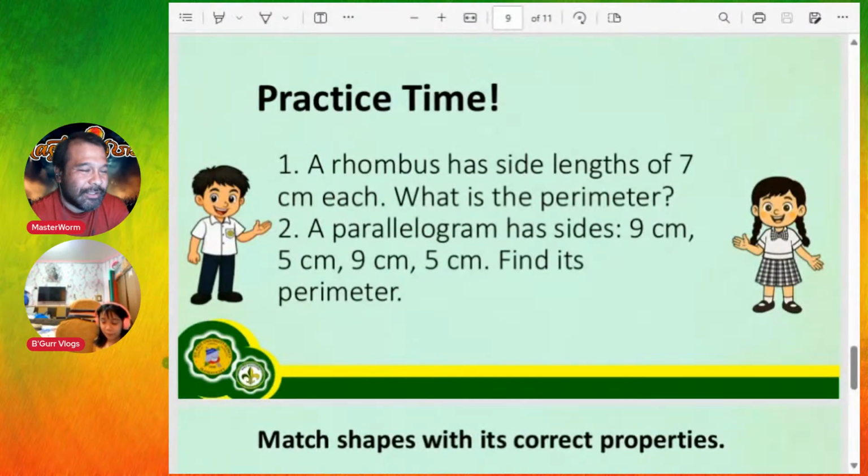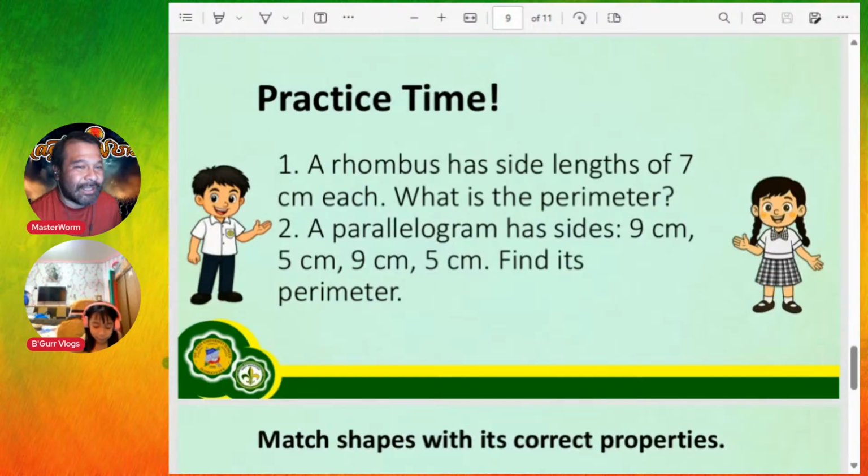As you can see, they have the same numbers: 9 and 5, and then the other side is 9 and 5. So you don't have to add everything. 9 and 5 is 14, and because it's the same 9 and 5, you add 14 and 14. What is 14 and 14? 28. Good job.